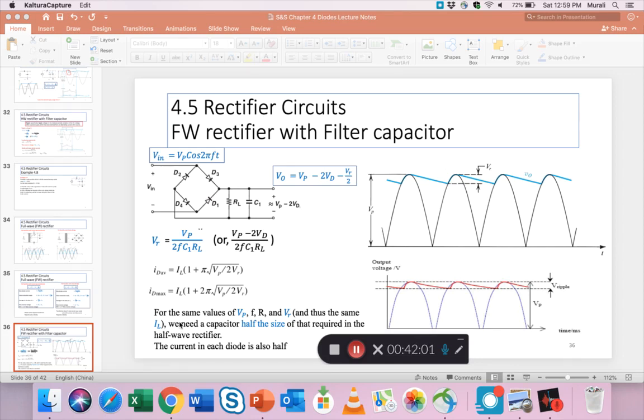So the nice thing is, having a full wave rectifier compared to the half wave helps with reducing the size and the cost of the capacitor. And this is a very important relationship to be aware of, because capacitors can be quite expensive.